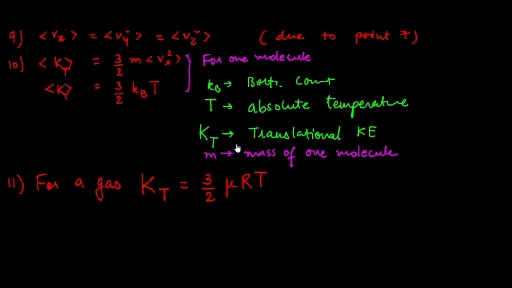That motion of vessel is not random. Okay, that's why temperature is same. So for a gas KT equal to 3/2 mu RT, right? Again this mu stands for mole. એટલે for 1 mole લખવું હોય તો એ બધું અહીંયા લખું છું. You are free to omit if you think you have understood this completely.